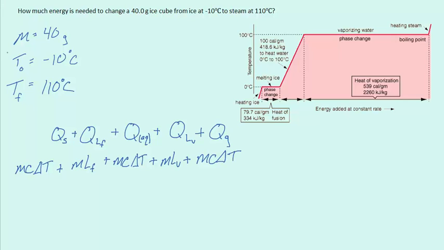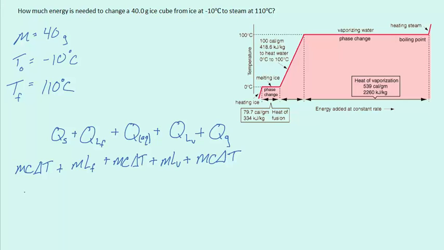So now we can plug in our variables and solve for the total amount of energy needed to transform the ice into steam. So first we must convert our mass from grams into kilograms.